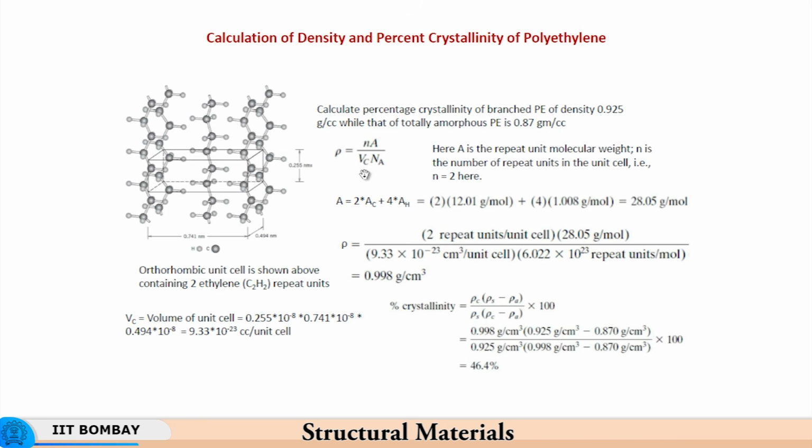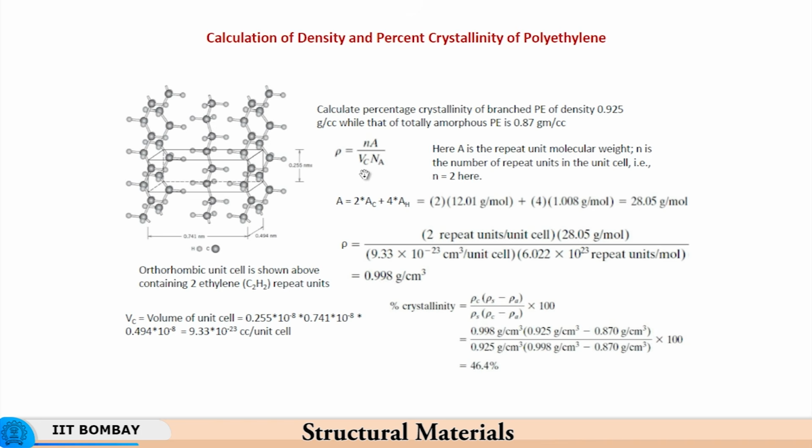So that is the volume of the unit cell that we are looking at here. In this particular volume of the unit cell, you have just 2 repeat units which are present. So that is the reason why we have written two repeat units.